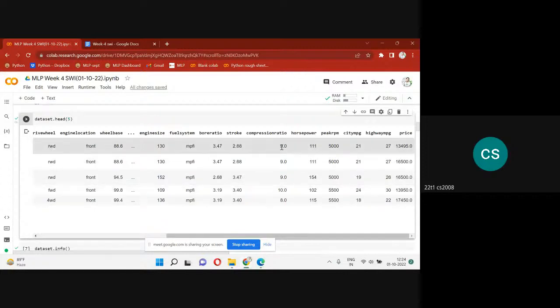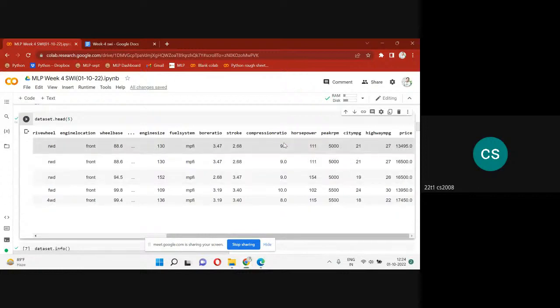The change in compression ratio is only 1, but the price changes by around 500 rupees. So by a small change in compression ratio, your price varies a lot. But around 500 points of change in peak RPM changes your price this much.